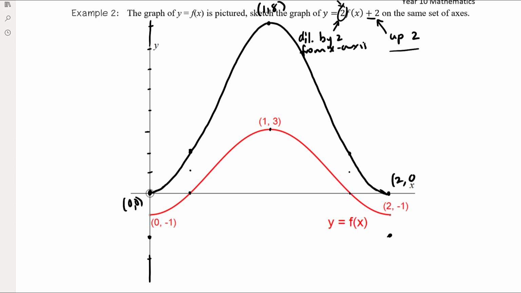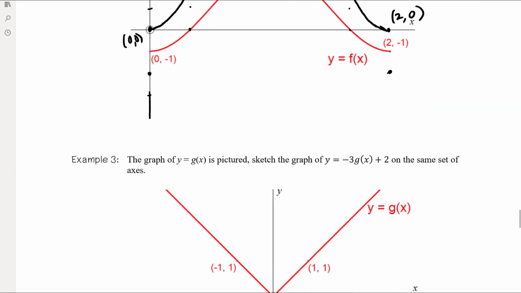So that's the point 2, 0, 1, 8 up here, and 0, 0 down here. So it's not perfectly precise, but it's using your understanding, and any of the points that are marked, you should definitely be able to transform those. You might then apply transformations to some other points just to get the shape right, and then you can draw in your graph.